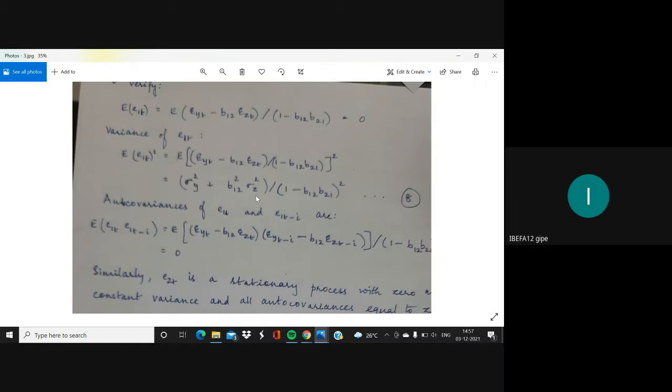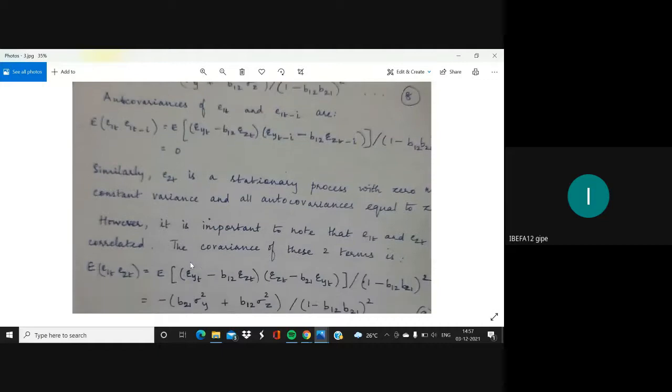Then you can see that they have constant variances and the autocovariances are equal to 0. You can do the same sort of derivation for E2t and you will find the same result, that E2t has a zero mean, constant variance and zero autocorrelation.